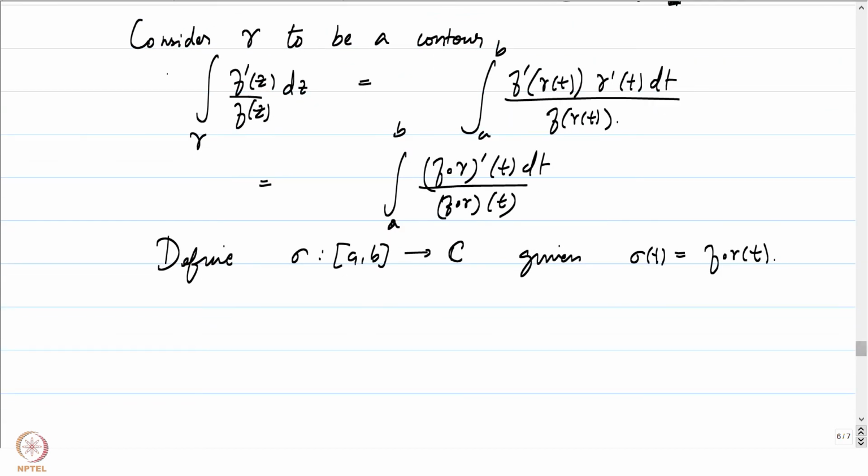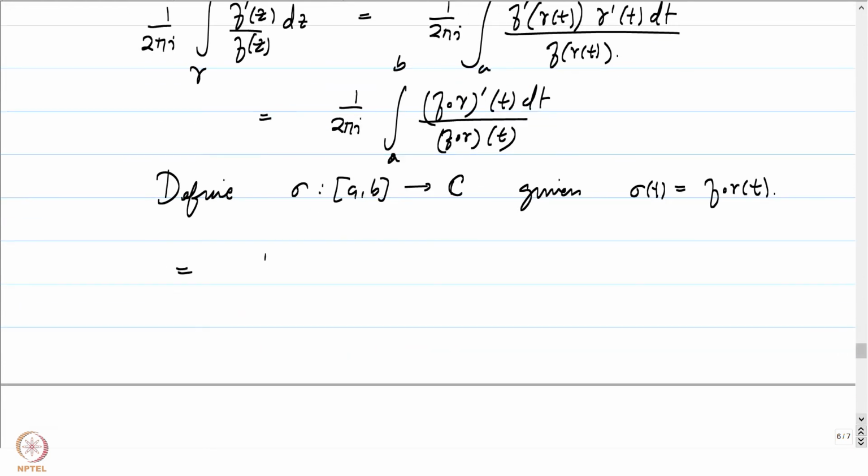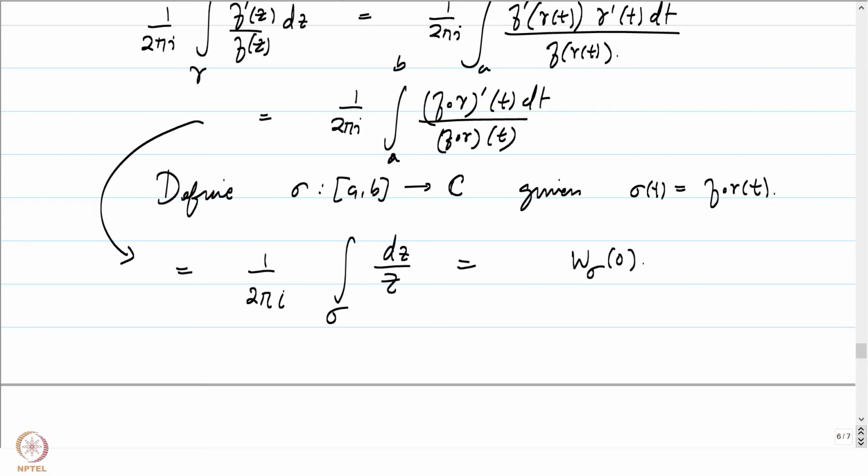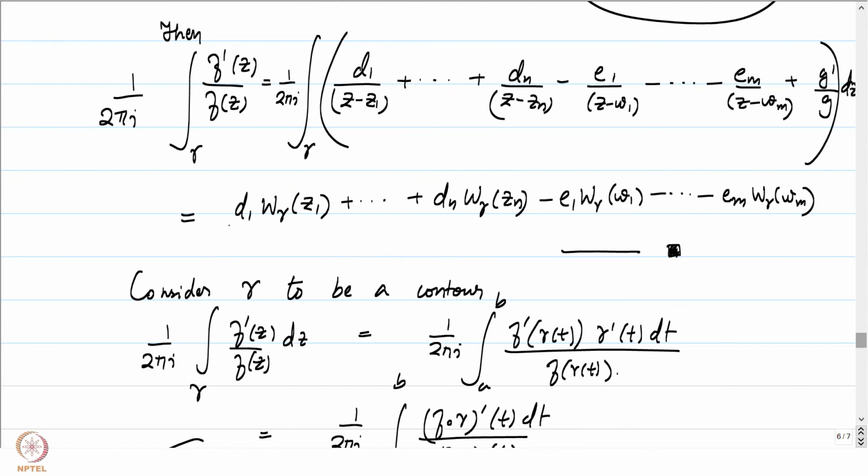And what we have just shown is, let me put 1 by 2 pi i, the above is just 1 by 2 pi i integral over sigma dz by z, which is equal to the winding number of 0 around sigma. And we just showed that the winding number of sigma around 0 captures this description of the number of zeros and the number of poles.